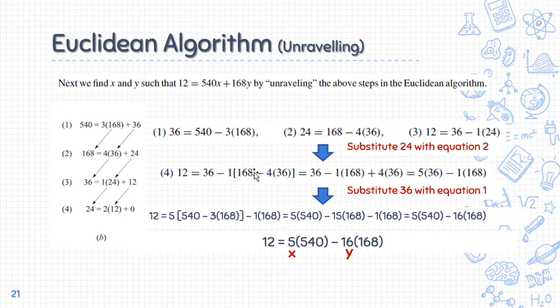Atong gibutang is kani siya, si 168 minus 4 times 36. Ato na din na siyang i-solve. And so, we come up with this one. So, nahimo na dayon naging ani ang ato ang format. So, 5 times 36 minus 1 times 168.